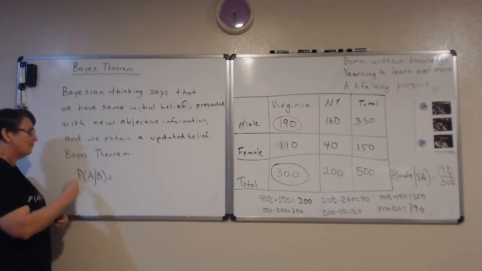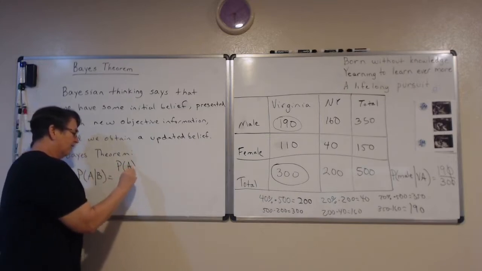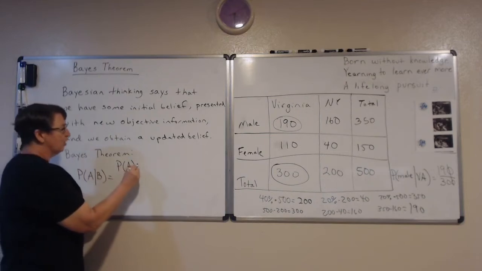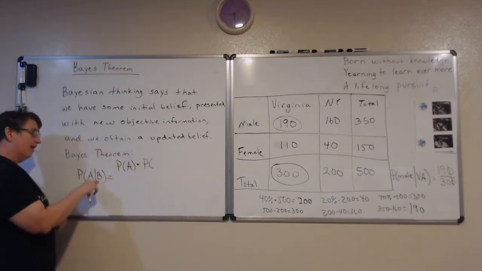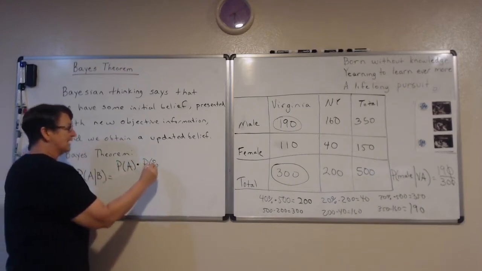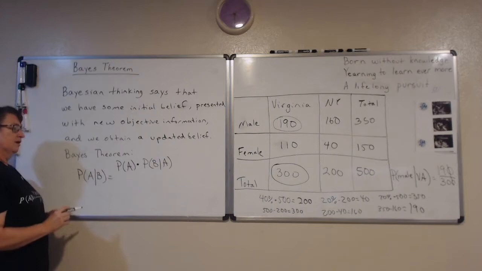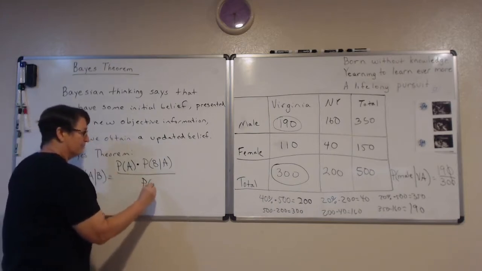Then the way we find that is we find the probability of that event A, and we multiply that times the probability of event B given A, all over the probability of B.